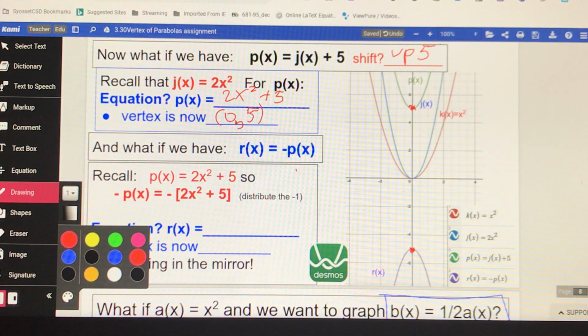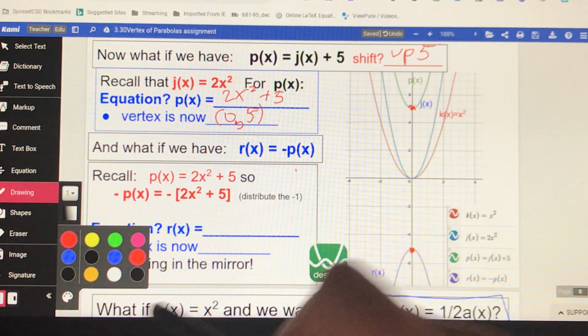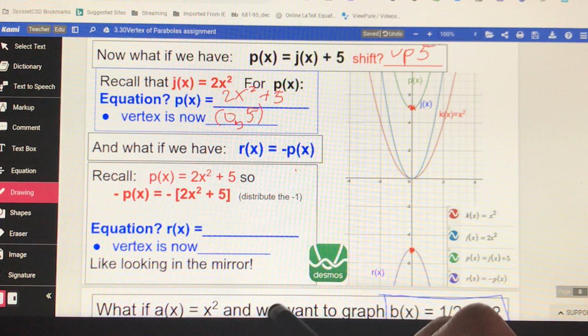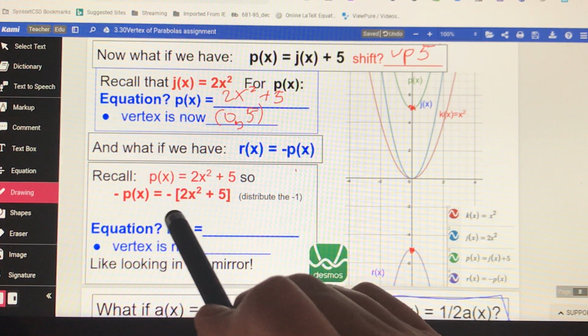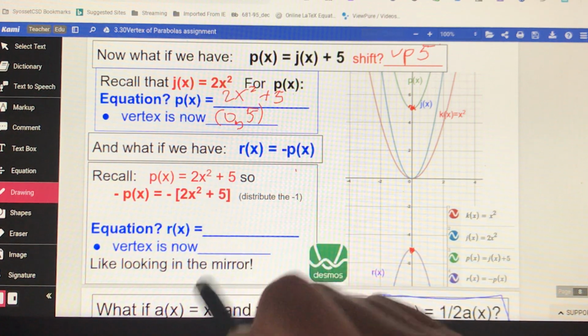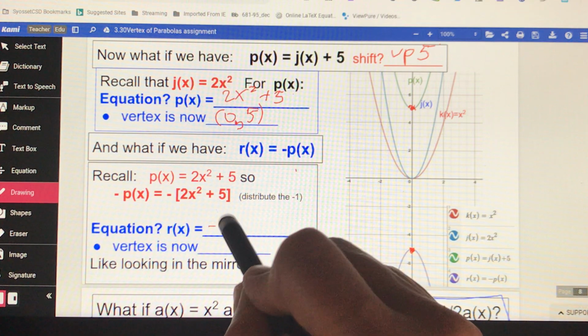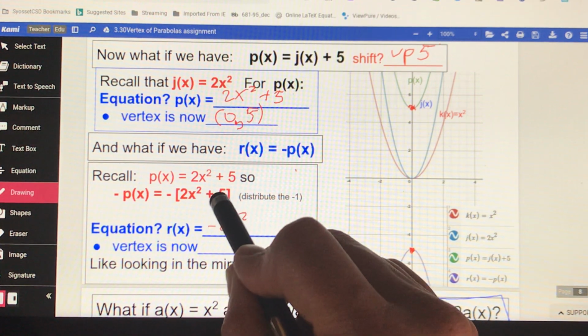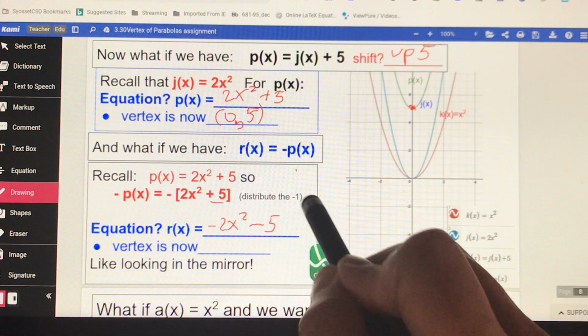So now what happens if we take p of x and we make it negative? So we need to make the entire function negative. So 2x squared plus 5 all becomes negative. Well, what would happen to the equation? That negative has to actually distribute as a negative 1, so r of x would now become negative 2x squared, but also the positive 5 would change to negative 5.